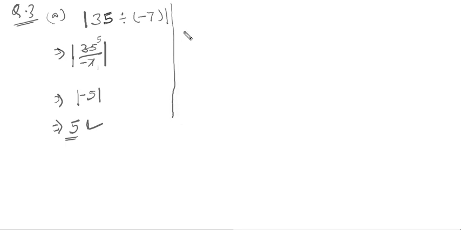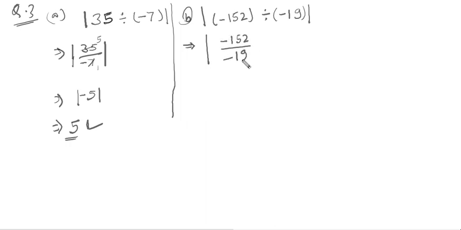Now question number B. See your question number B. That is in the determinant: minus 152 divided by minus 19. I can write it like this: minus 152 upon minus 19.